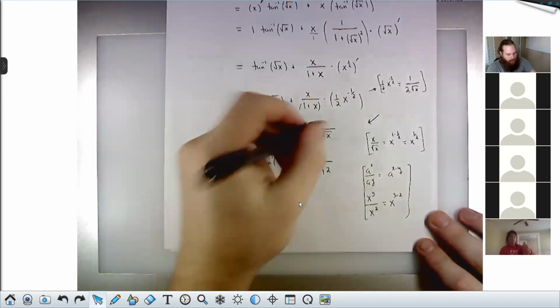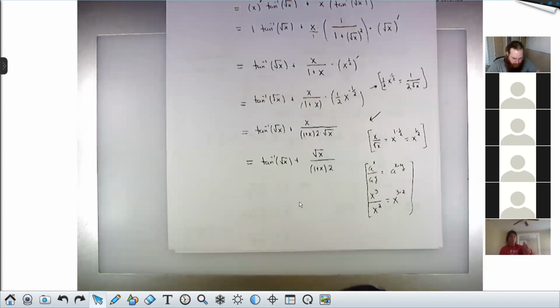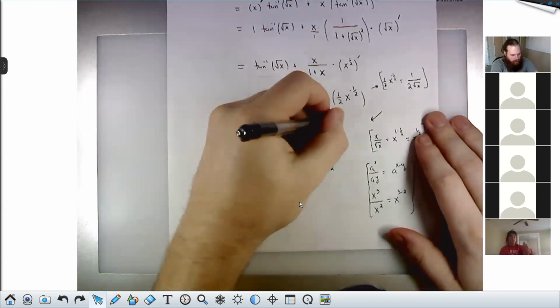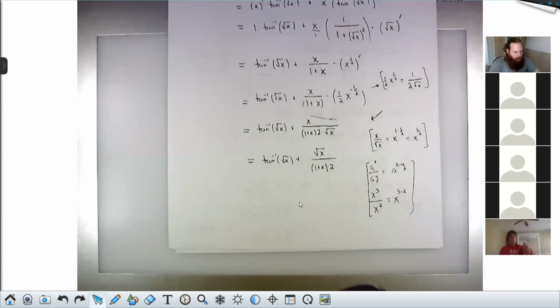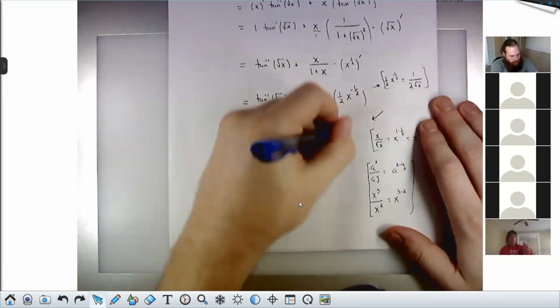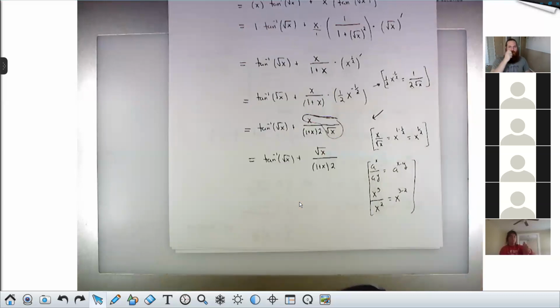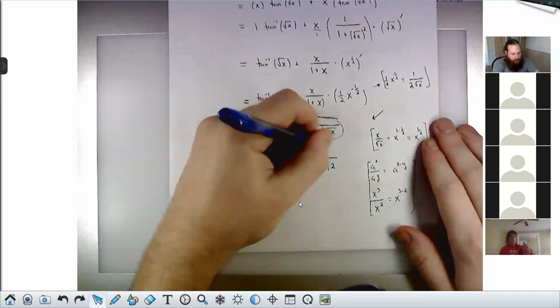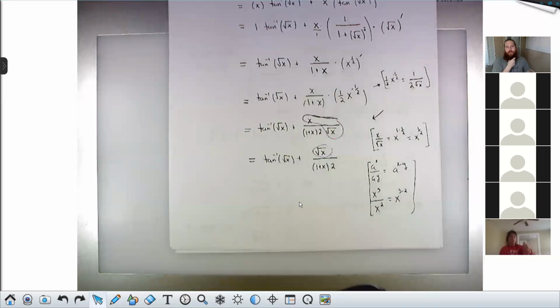That's what I'm doing, and I'm doing it just with this piece. So the x over root x piece simplifies to root x over 1. So the purple circled piece there simplifies to the purple circled piece here, according to these rules. Okay, thanks. Yeah, of course.